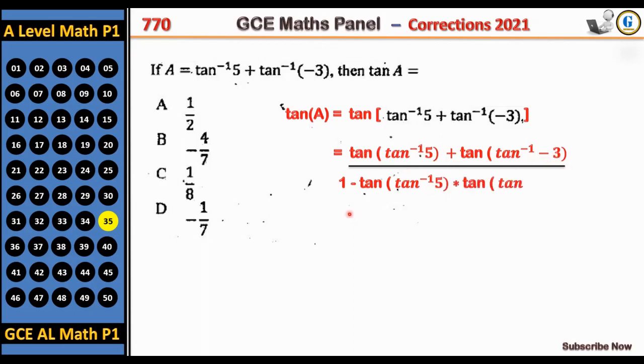Then we now simplify what we have. The tan inverse of 5 here will just be 5, and tan inverse of minus 3 will just be minus 3, all over 1 minus 5 times minus 3. So this will give us 2 over 16, which is equal to 1 over 8.